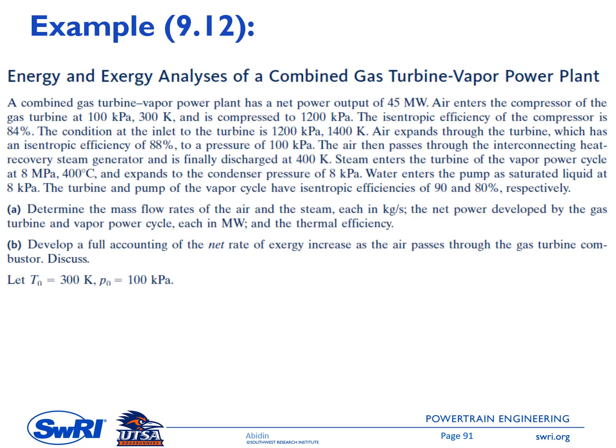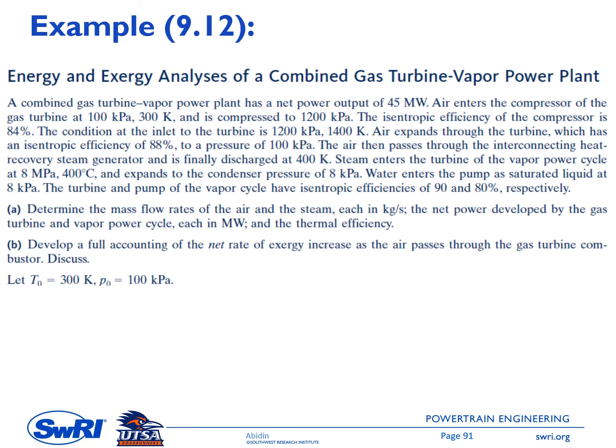Okay, let's take a look at this example. So this is the combined gas turbine and vapor power plant. A combined gas turbine vapor power plant has a net power output of 45 megawatts. Air enters the compressor of the gas turbine at 100 kilopascals, 300 Kelvin, and is compressed to 1200 kilopascals.